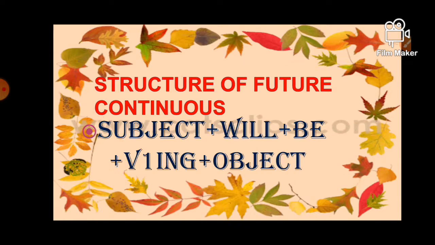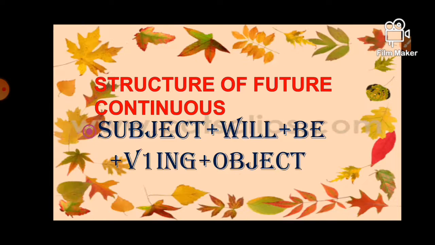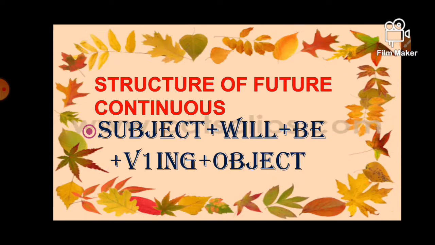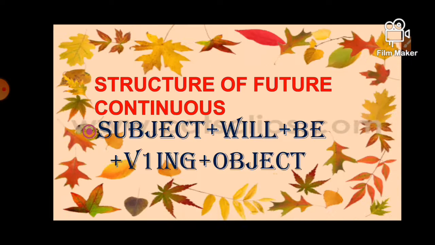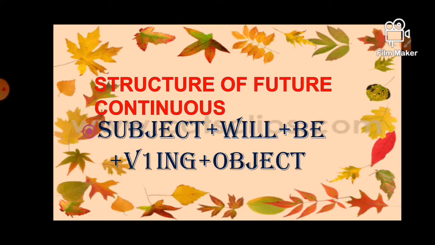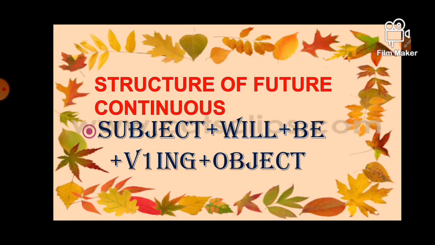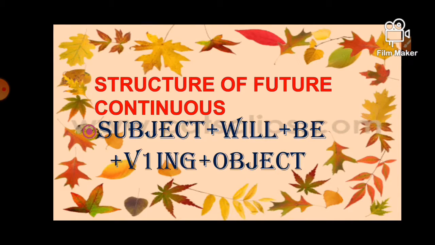You can ask, why not will plus V1 ing? This is the answer: we do not use will with V1 ing directly, because will plus V1 is used in future indefinite tense.